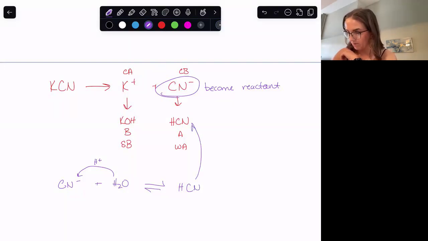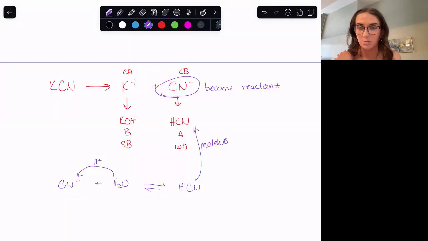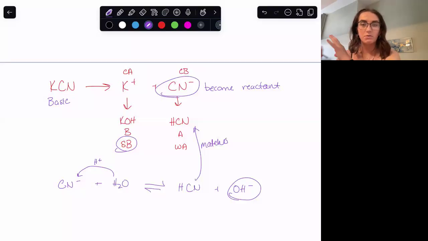This matches. So if we're giving up an H plus ion, that's going to form OH minus. We said that our strong base in our original. So that means that we need to have OH minus in our overall equation when we're writing that new equation with the weak reactant.